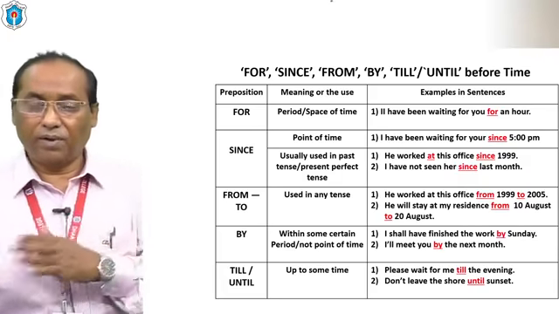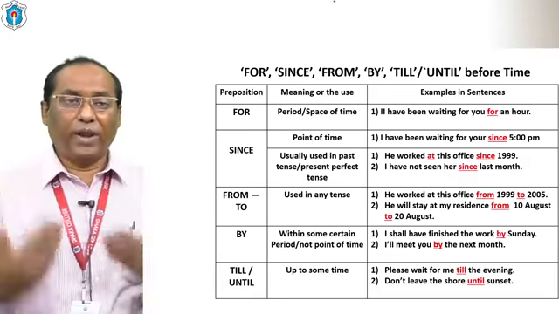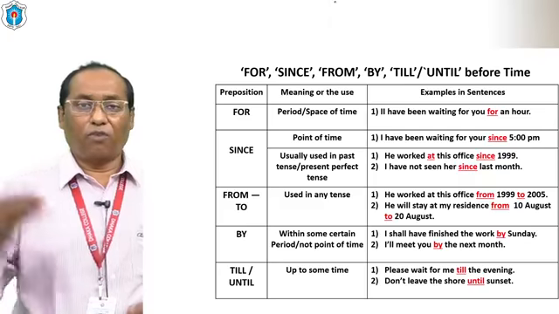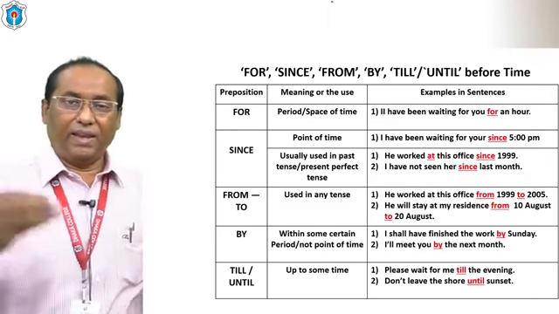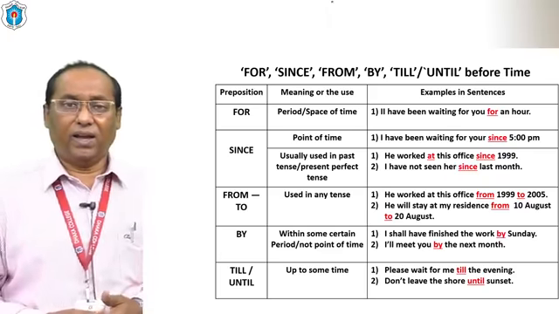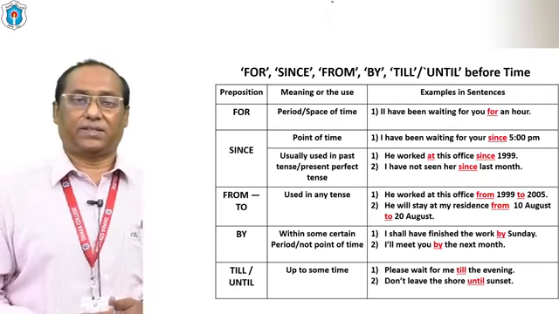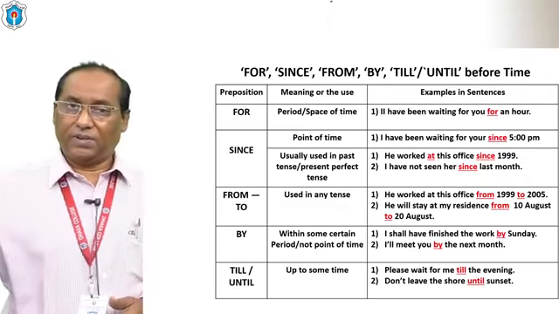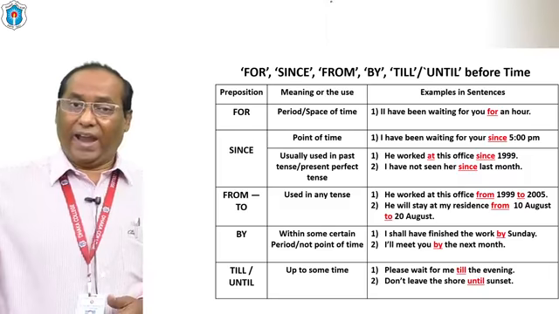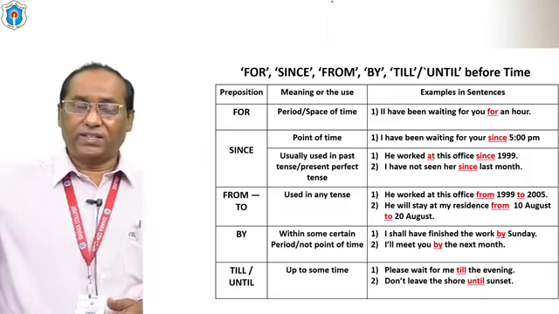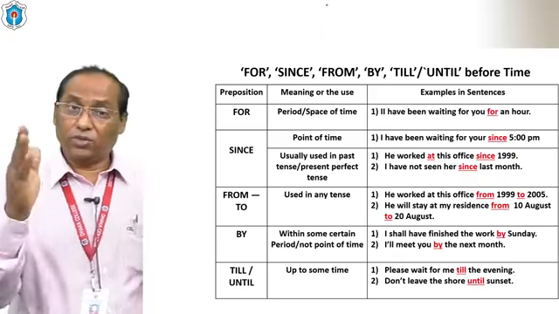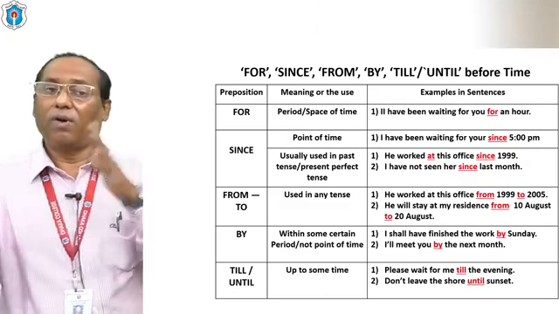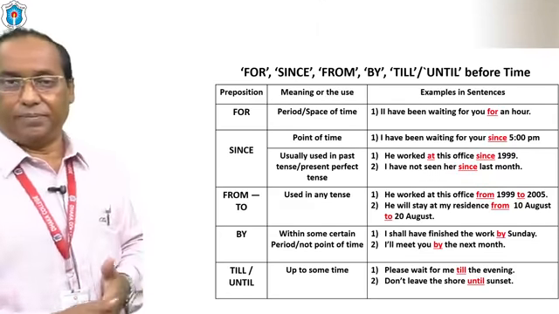As for example, I have been waiting for you for an hour. They have been living in Dhaka for 5 years. For 5 years, for an hour, all these are periods of time. So we use for before period of time.